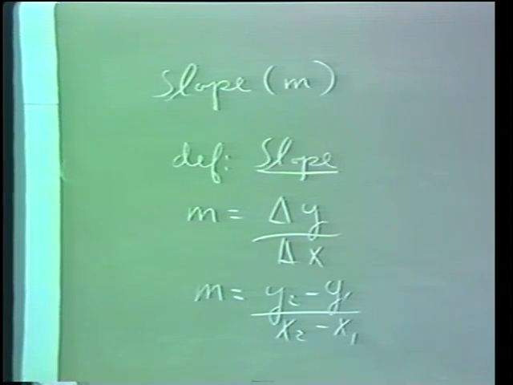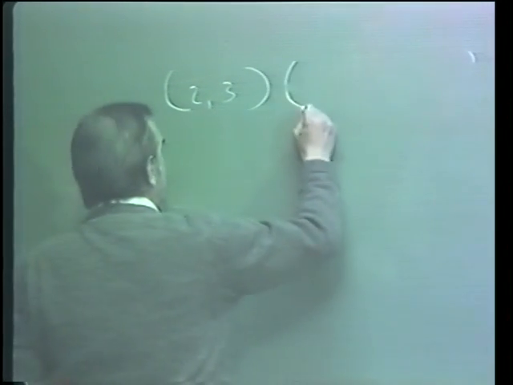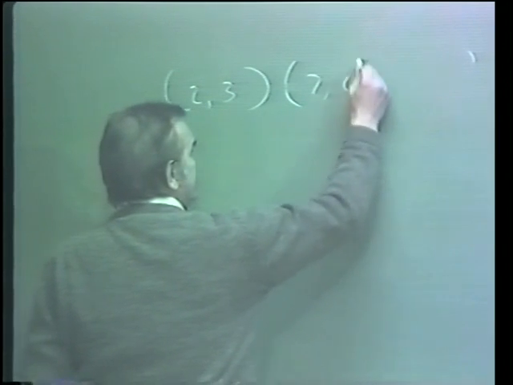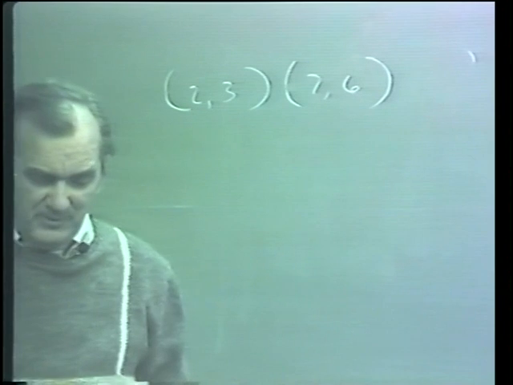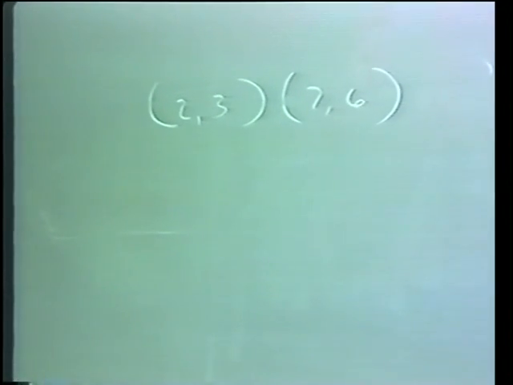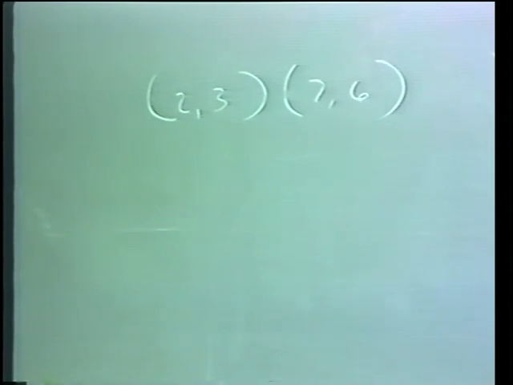Let's show you how it works. Let's suppose we have 2 points. 2, 3 is our first point. And let's see, 7, 6 is our second point. We have 2 points. We have a line. What I'd like to do is find the slope of this line.